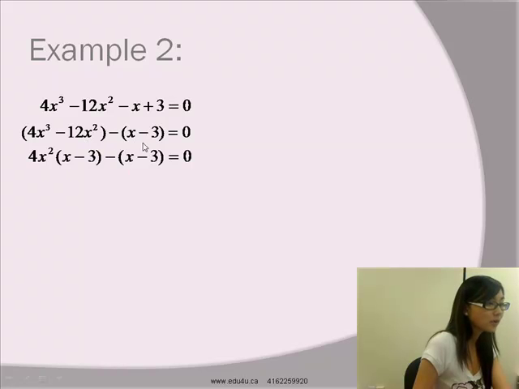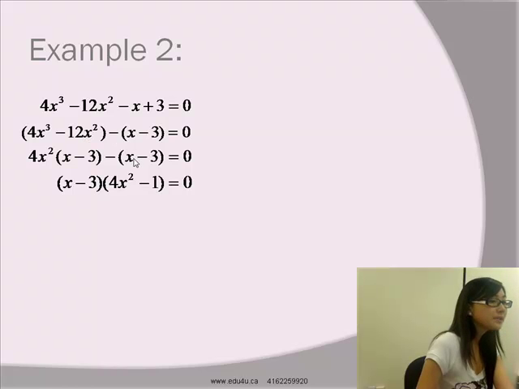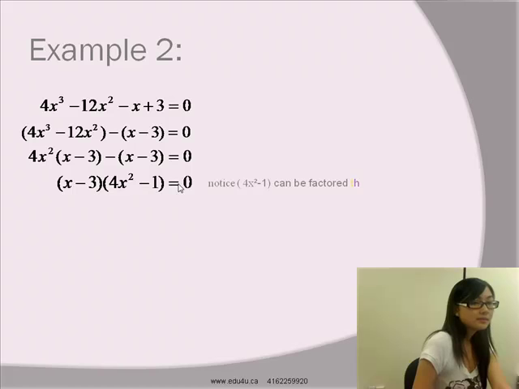And notice that what was left inside the bracket is the same thing that's left in the other two terms. What we can do now is take out x minus 3 from both terms, and we will be left with x minus 3 times, in bracket, 4x squared minus 1 equals 0.